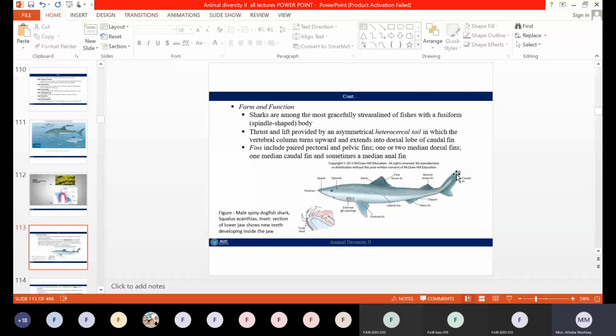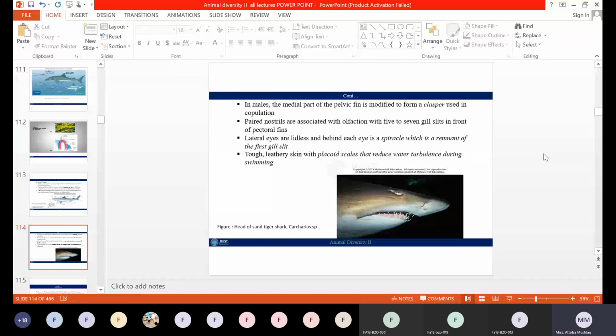This is the dorsal fin and this is the second dorsal fin, and one median caudal fin, and sometimes a median anal fin can also be present, right? In males, the medial part of pelvic fins is modified to form a clasper that is used in copulation. Basically, the pelvic fin gets modified in male sharks, and it forms a clasper-like structure that is used in copulation.